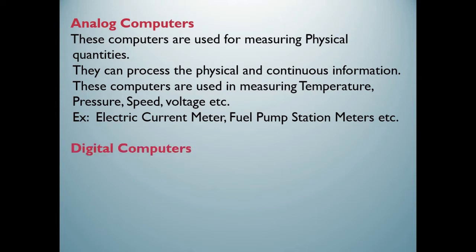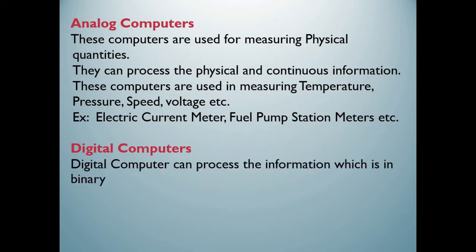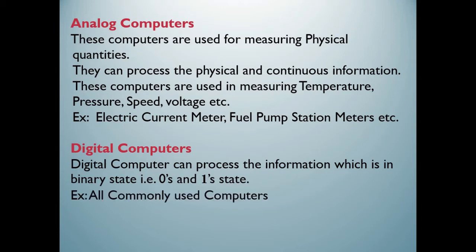Next, digital computer. A digital computer can process information which is in binary state, that is zeros and ones. Examples: all commonly used computers, calculators and digital watches are examples of digital computers. Now the third type, depending upon the data, is hybrid computers.